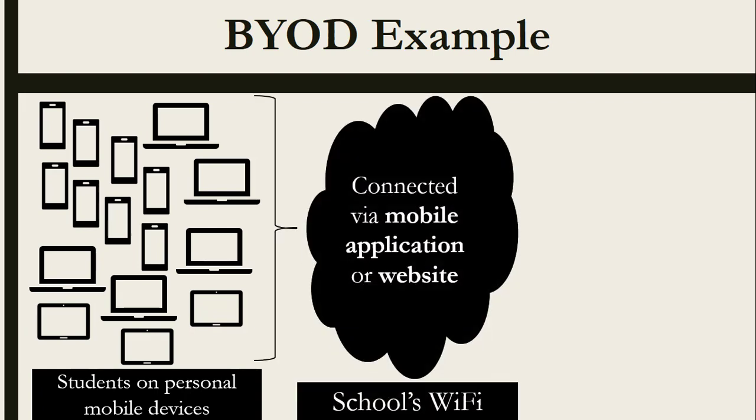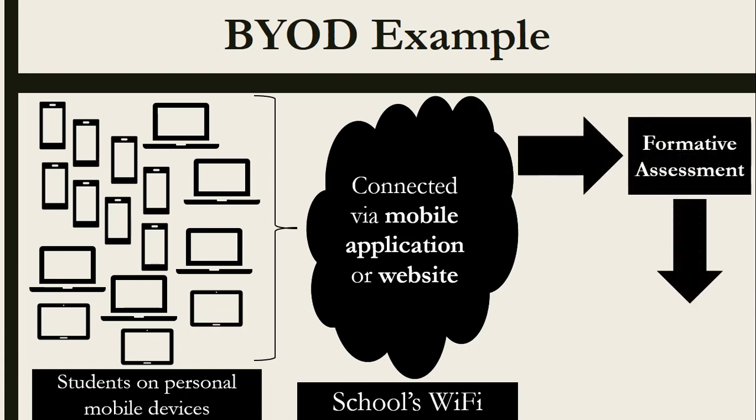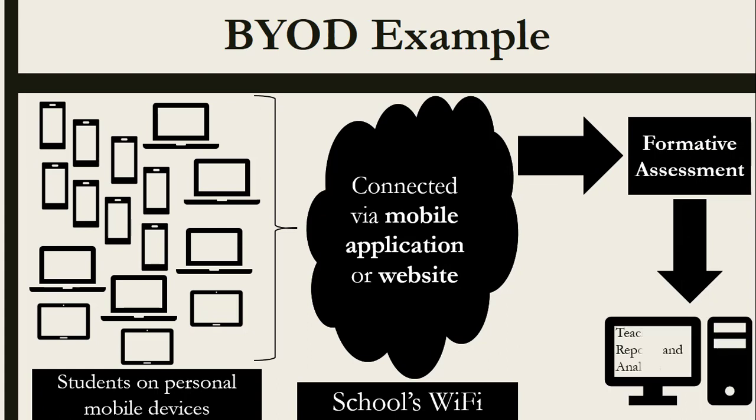So all of these devices are connected via mobile application or website by the school's Wi-Fi. This application displays a formative assessment, and then the teacher can go back, mark that formative assessment, and report and analyze it.